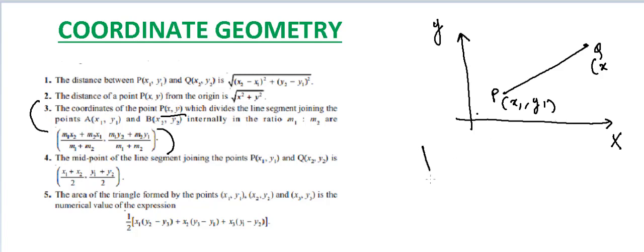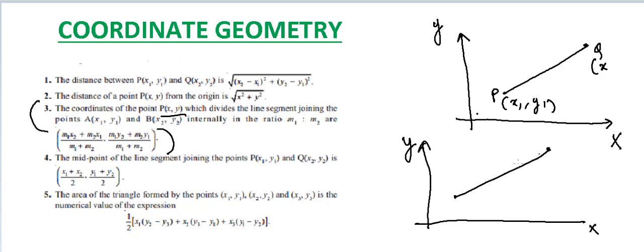If you are having, okay, this is y and this is x. If you are having 2 points, it says the 2 points as A and B. There are 2 points, x1, y1 and x2, y2.